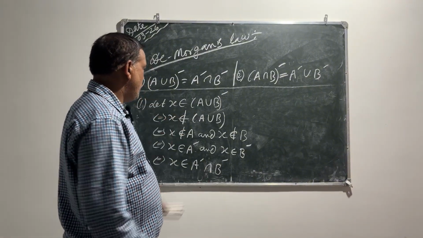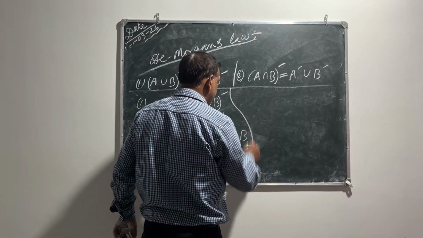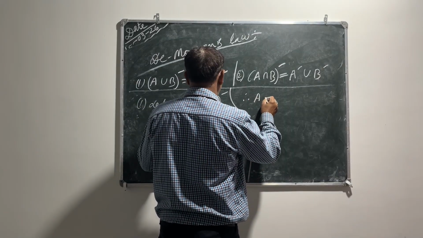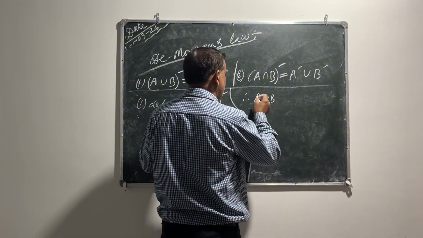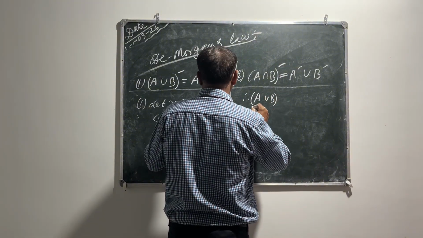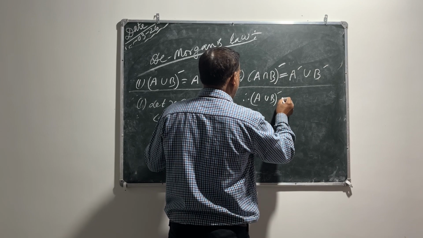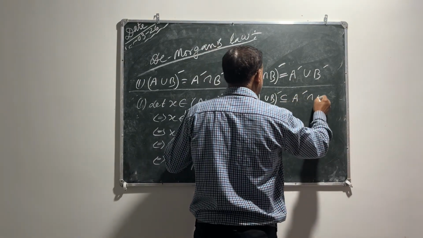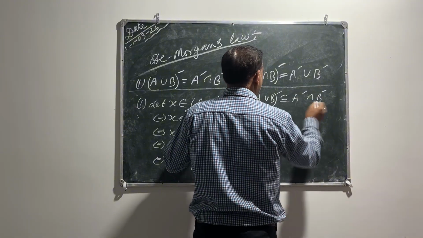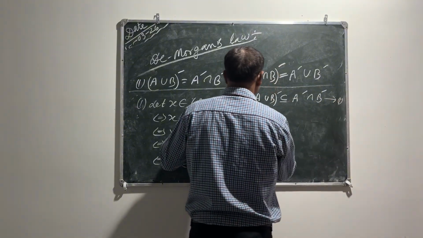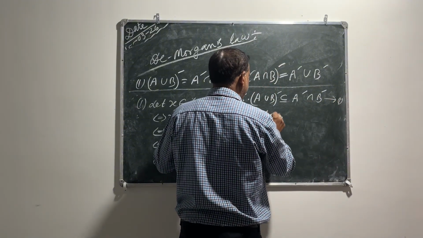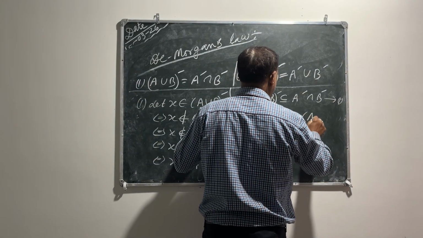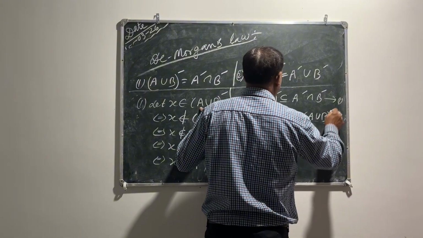So, therefore, (A union B) whole complement will be a subset of A dash intersection B dash. That is number 1. And number 2: A dash intersection B dash is a subset of (A union B) whole complement.